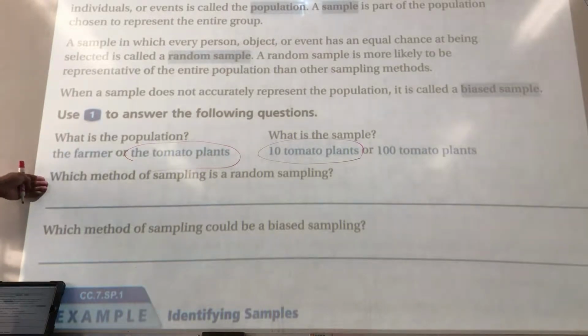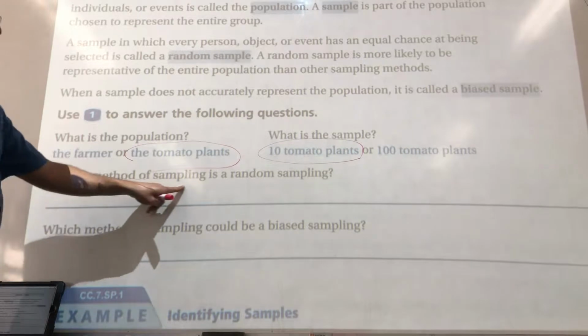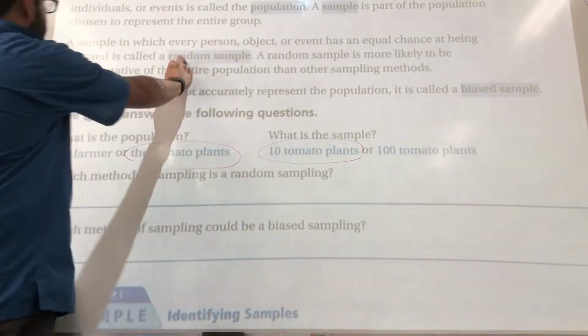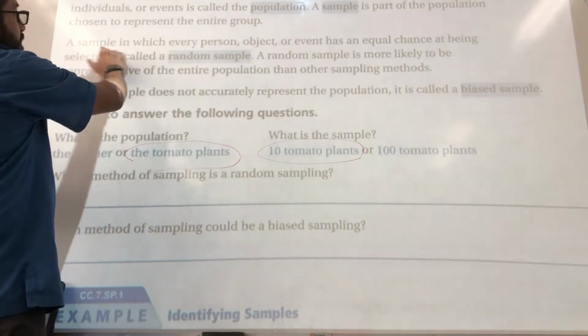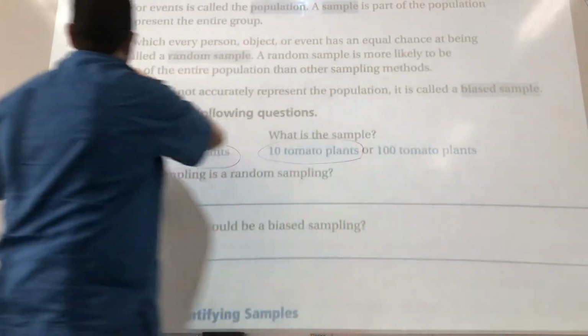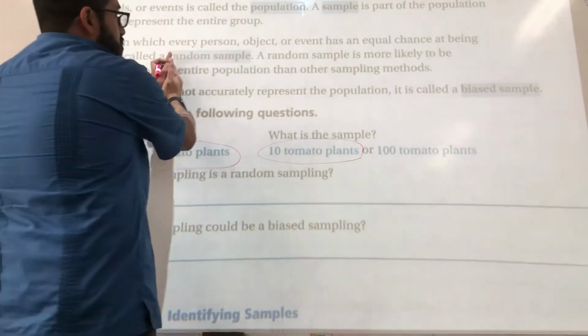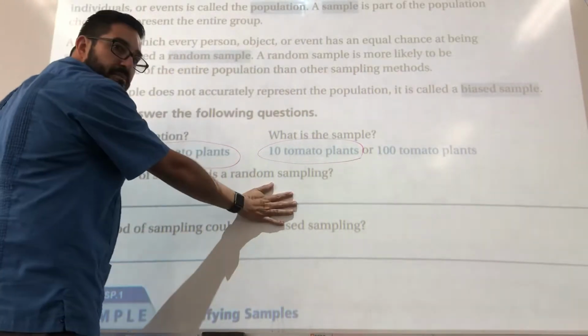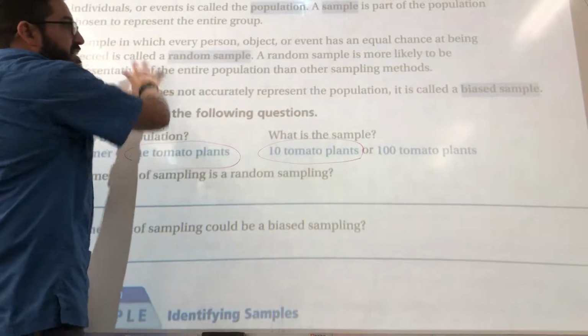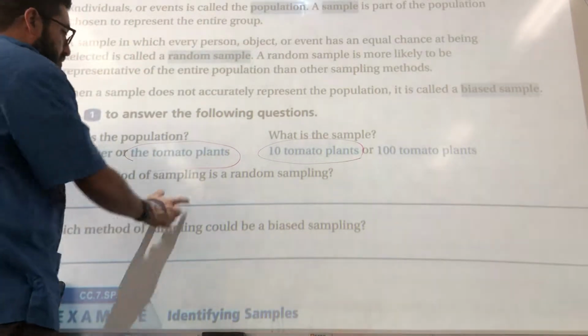All right, so to answer these questions, let's look at this. Which method of sampling is a random sample? So a random sample, again, is a sample in which every person, object, or event has an equal chance at being selected. So when we took that first row, is that a random sampling? No, because not every high population tomato plant has a chance of being chosen.